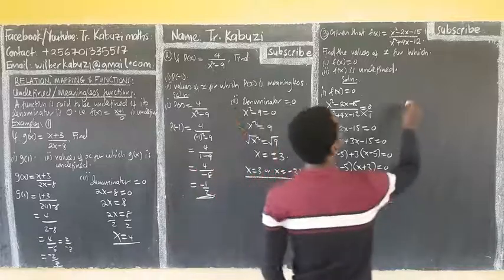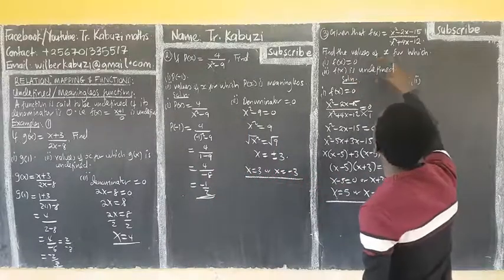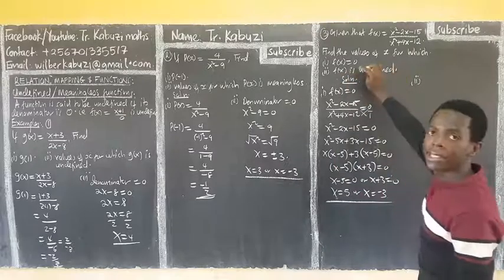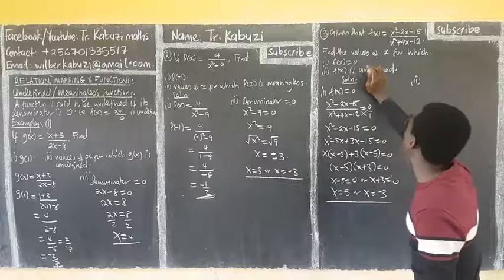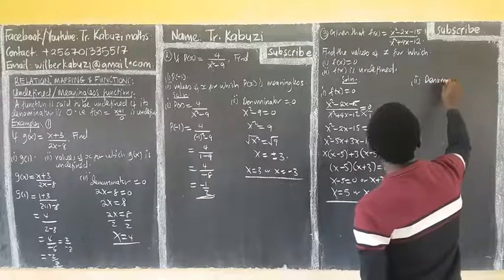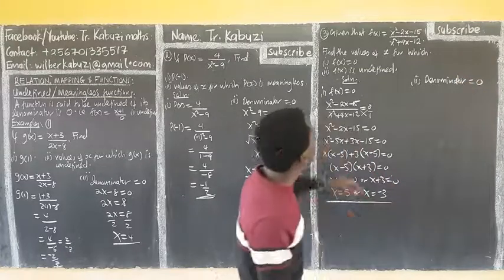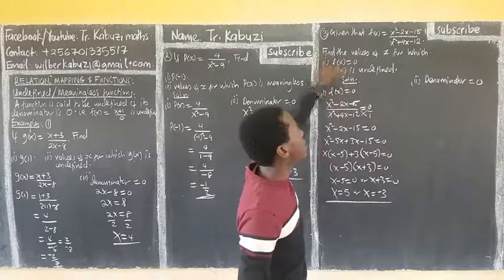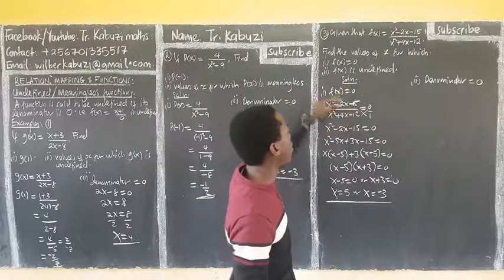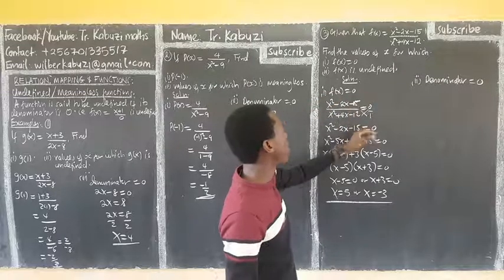Then Roman number 2: values of x for which f of x is undefined. Now this one means the denominator is going to be 0. Hope you get the difference. The previous question was telling us that f of x is equal to 0, so we put 0 where f of x is, and we cross multiplied.